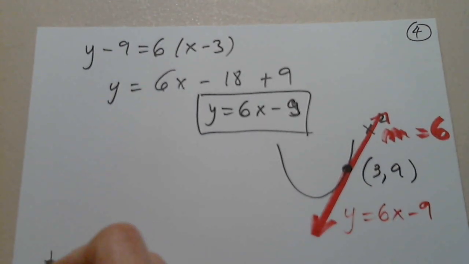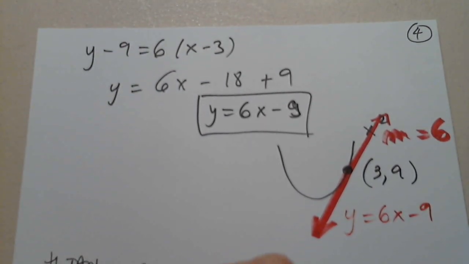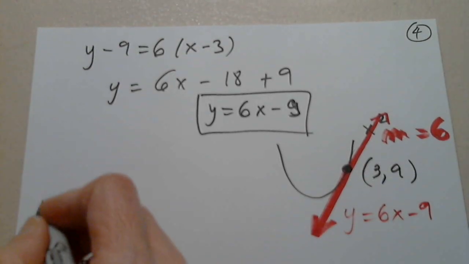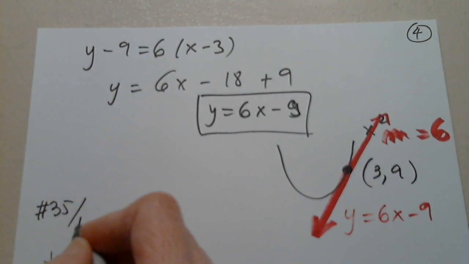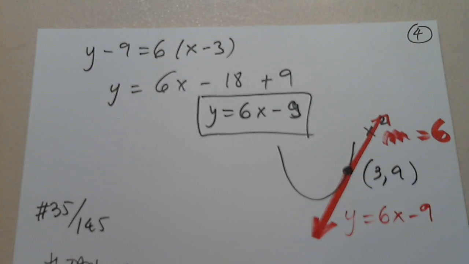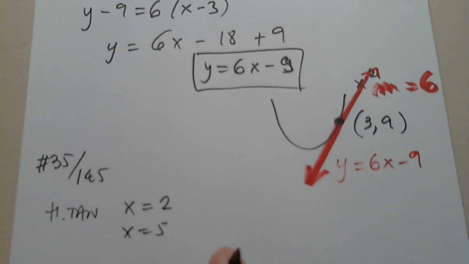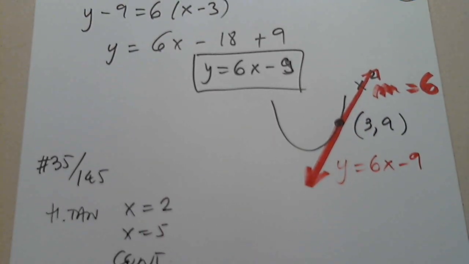So horizontal tangents at, this is problem 35 on page 145, horizontal tangents at x equals 2 and at x equals 5, and is continuous, okay, but not differentiable at x equals 3.